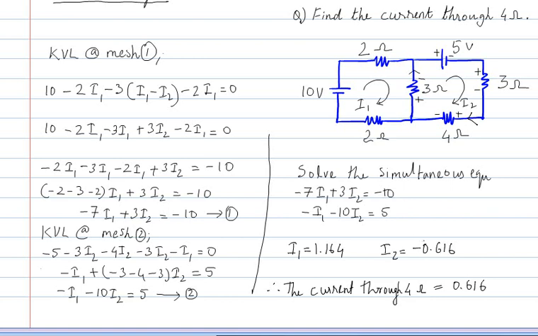If they would have drawn an arrow like this, as we have drawn here, and asked what is this particular current, then we could have written the answer as minus, because the original answer is showing that I2 is in the opposite direction, so it flows in this direction. So then we would have said that this value is minus 0.616, because the direction is in the opposite direction.